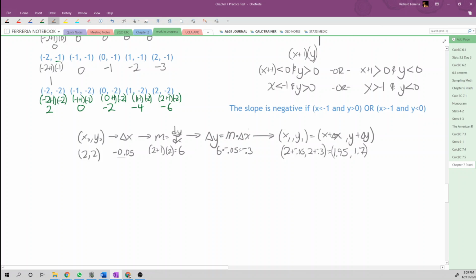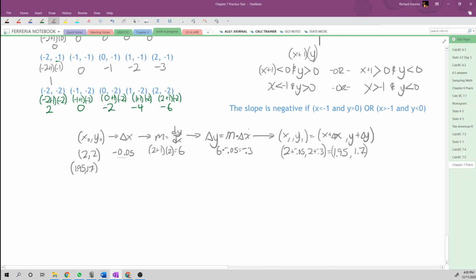And 2 plus 0.3, that's y plus negative 0.3, and that's 1.7. And now we ask, did we get there yet? And the answer is no. So we're going to go back down over here, and we're going to write down our last result, 1.95 and 1.7, and we're going to do the whole thing all over again.